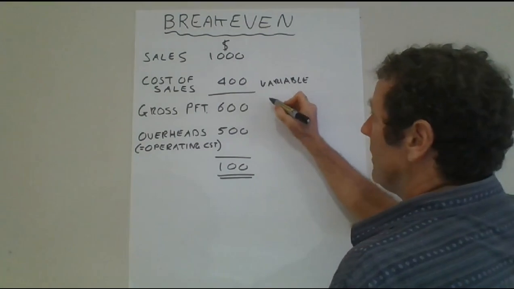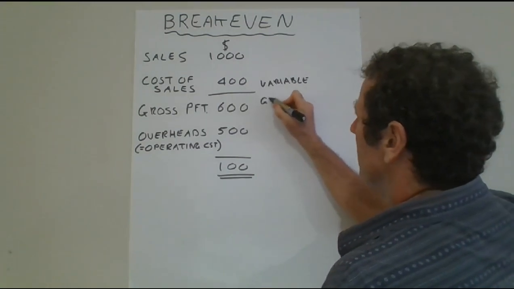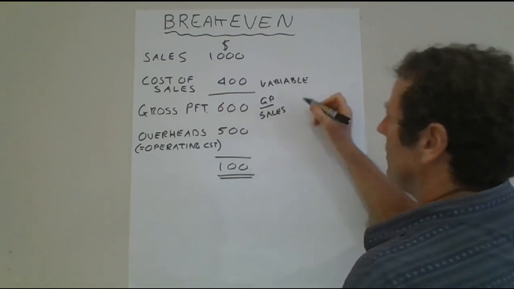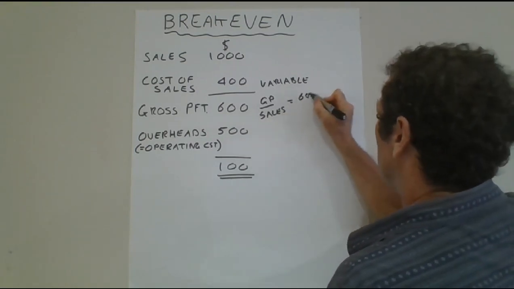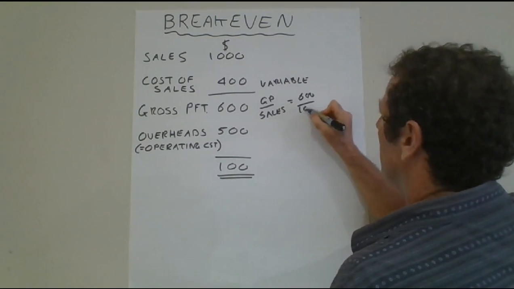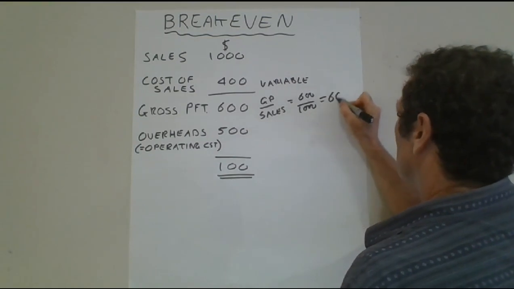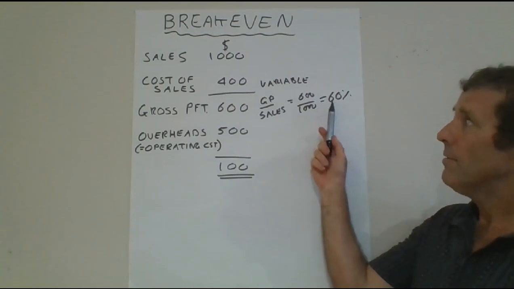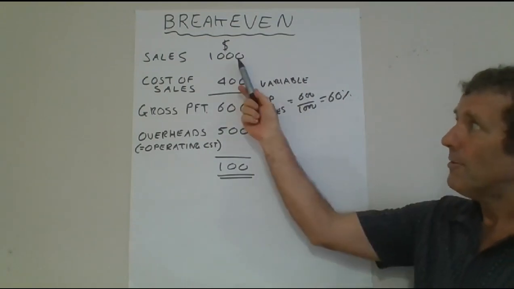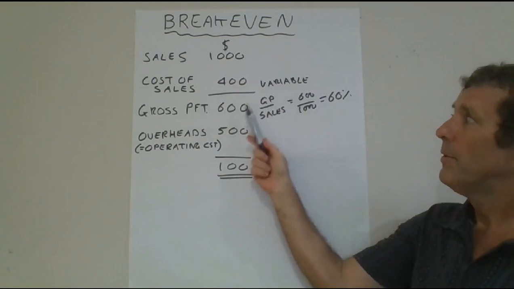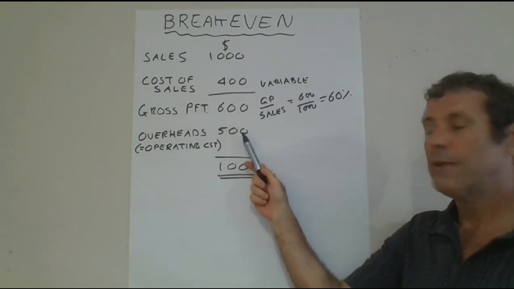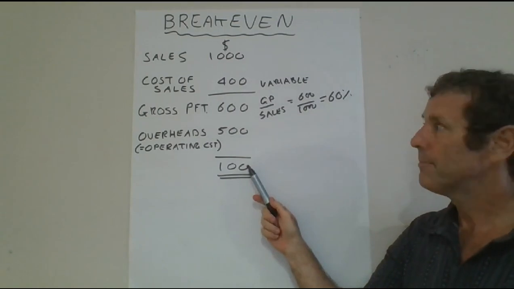And the way you calculate that is, in dollars, gross profit over sales, which of course equals 600 over 1,000, which equals 60%. So what that means is that for every dollar of sales that you generate, there's 60 cents left available to cover your overheads and make a profit.